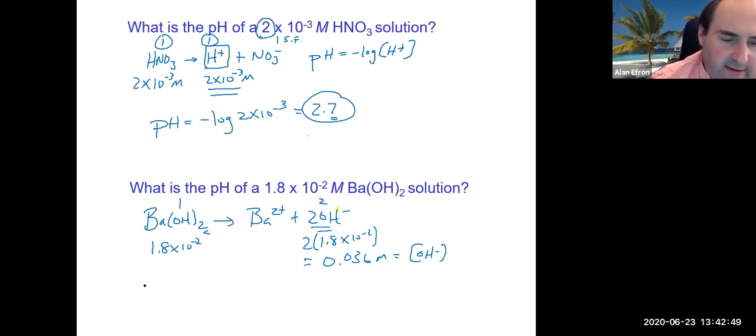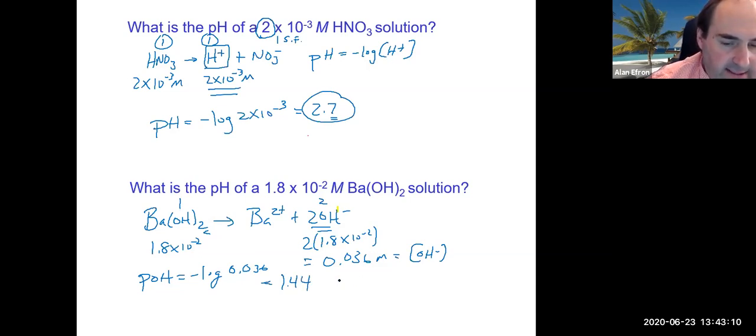So again, we can calculate the pOH from that. And that's going to get us, looks like 1.44 as our pOH.